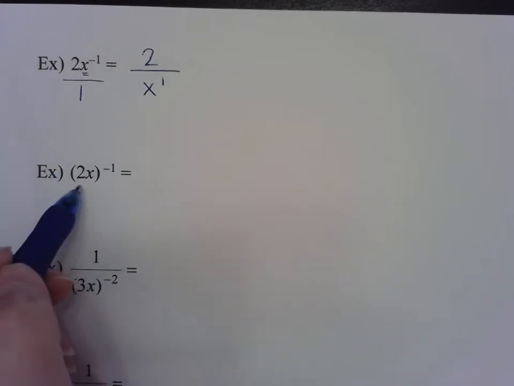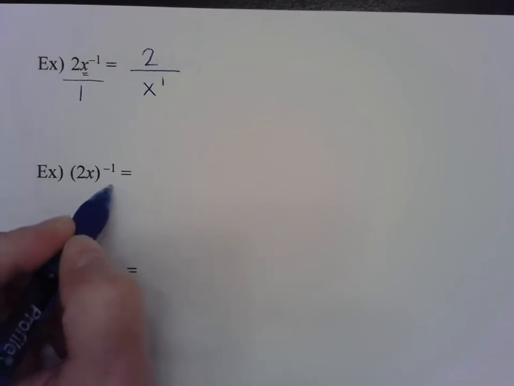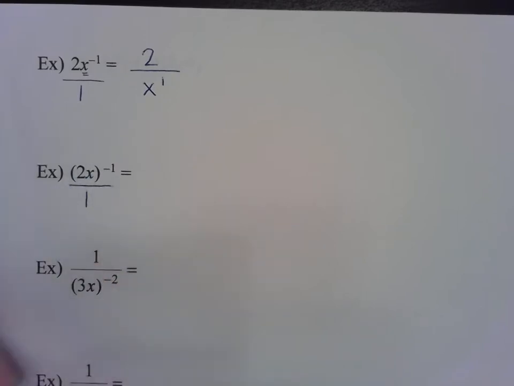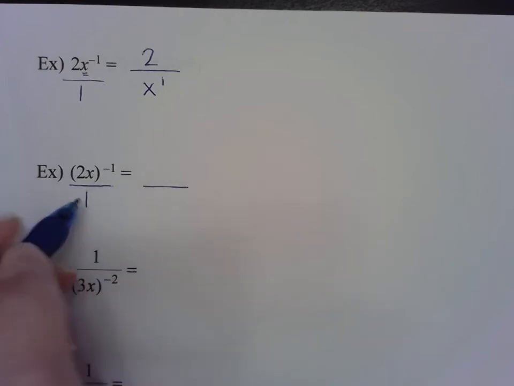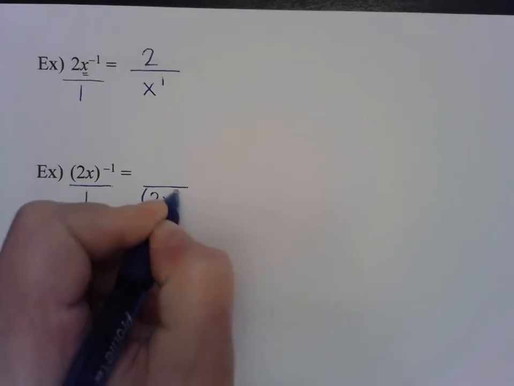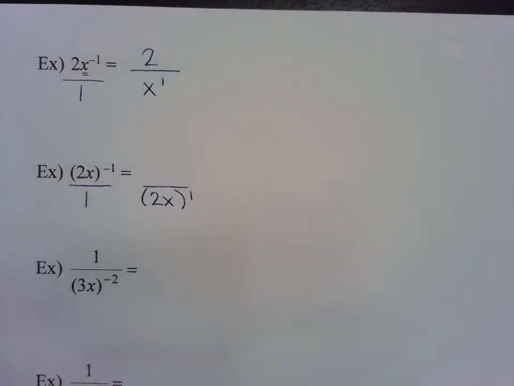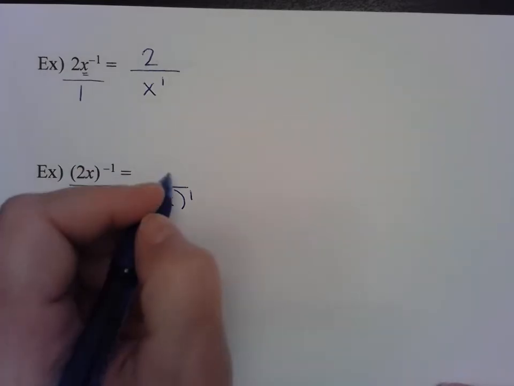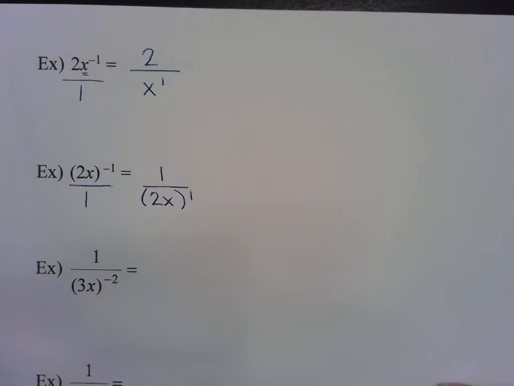However, if we have parentheses, then the -1 applies to everything right here, which means that all of it will move down into the denominator. And once it moves, the exponent becomes positive or changes sign. There's nothing left in the numerator, so there's a 1 there.